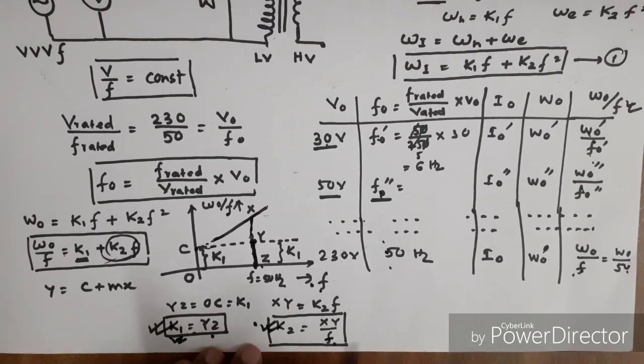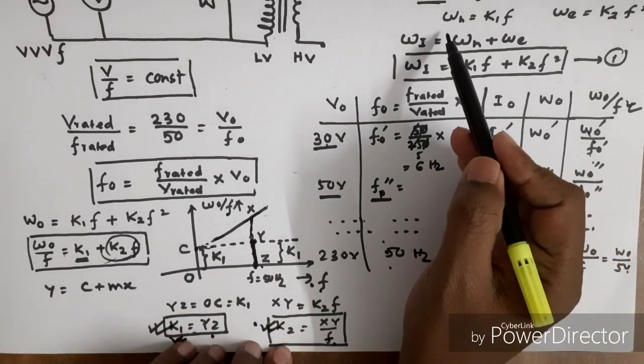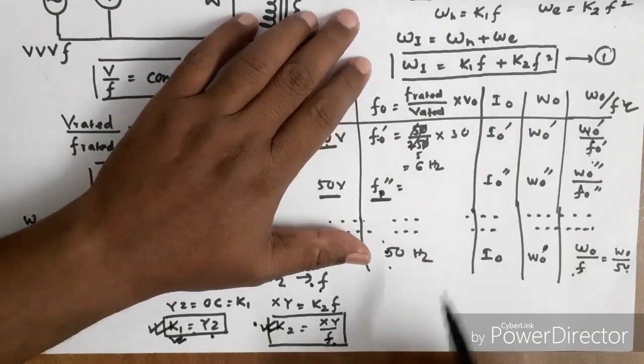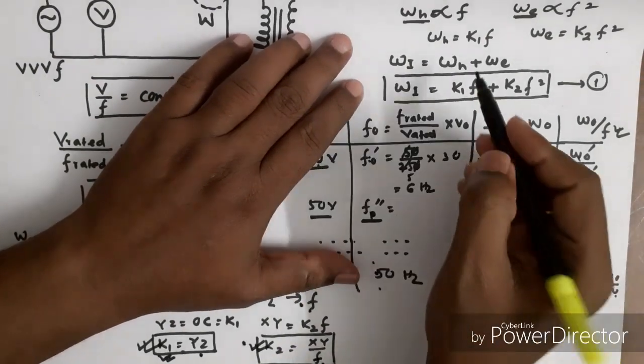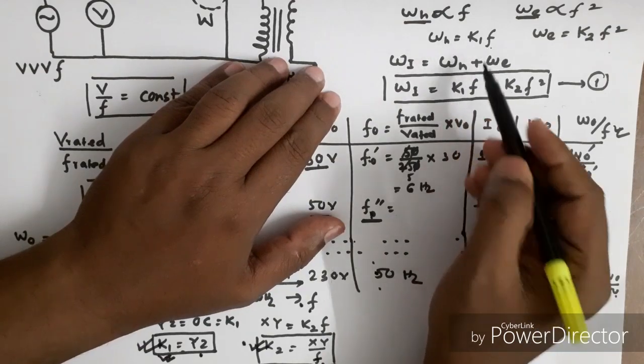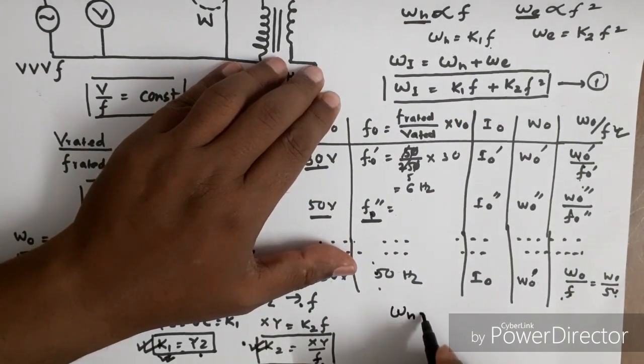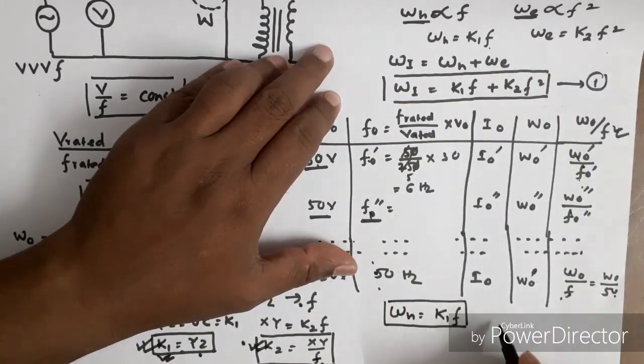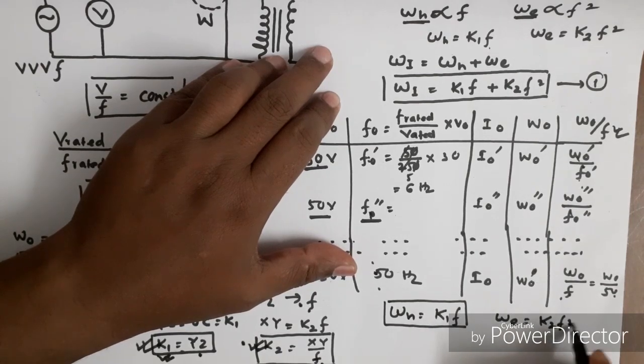Once we know the constants K1 and K2, from this equation, the hysteresis loss equation, what is hysteresis loss? Hysteresis loss WH equal to K1 into F. And what is eddy current loss? Eddy current loss WE equal to K2 into F square.